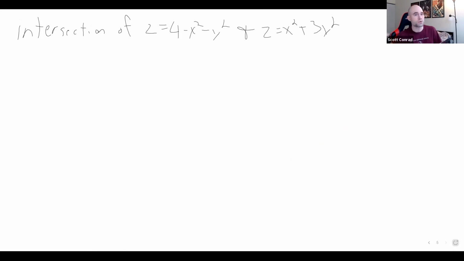The intersection is going to be the set of points they have in common. So all the z coordinates of those points are going to be the same. So set those guys equal to each other. 4 minus x squared minus y squared equals x squared plus 3y squared.